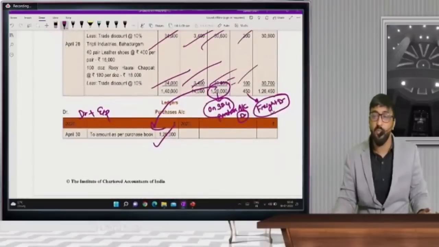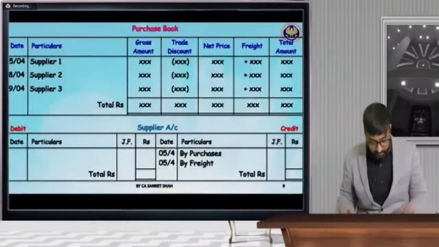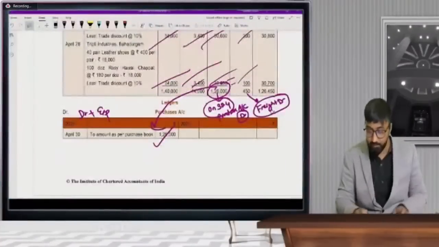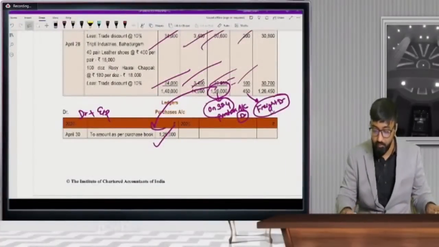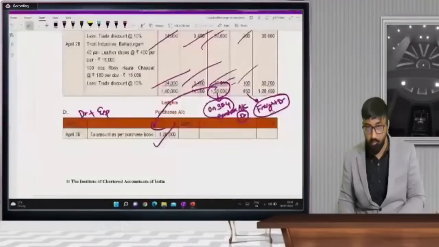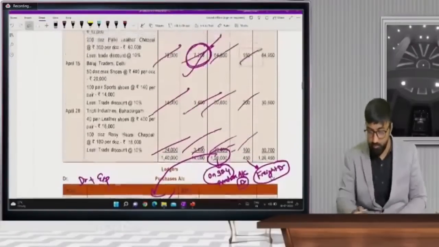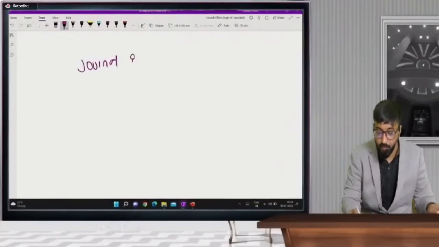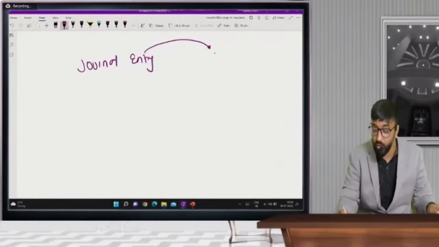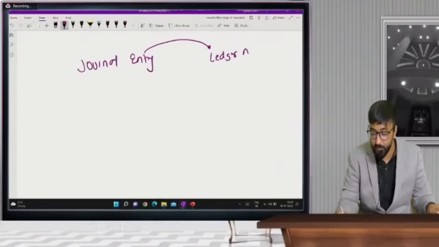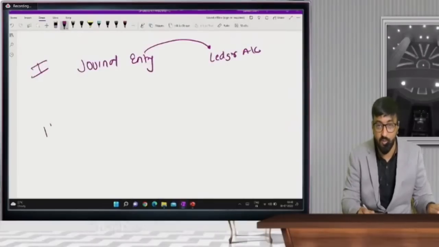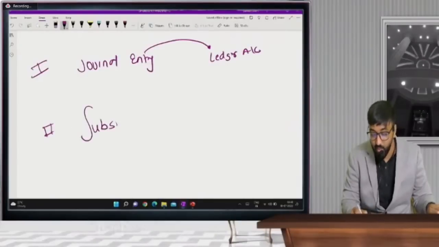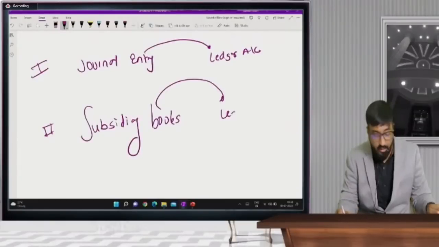So from purchase book it will go to purchase account, from purchase book to purchase account. What is the process, beta? Yes, understand it. From journal entry, you enter into ledger accounts. This is the first option. And from subsidiary books, you will enter in ledger accounts.